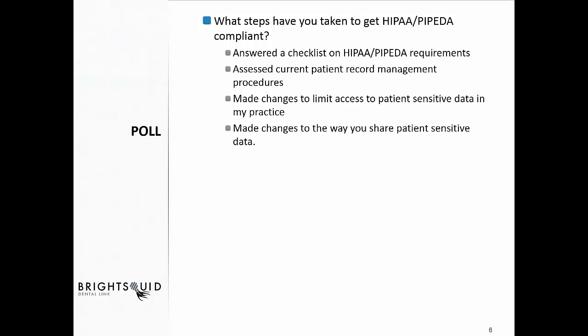The second is you've already looked at your patient record management procedures and had some assessment of them done just internally. The third element might be that you've actually started to limit access. And then the fourth element might be that you've actually changed how you share patient information. So, Dr. Lavine, I'm wondering if we can do the poll right now.